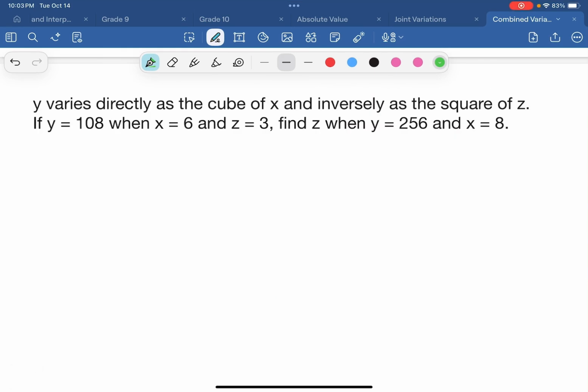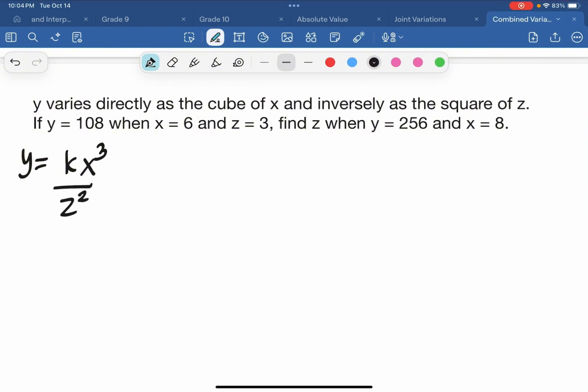Now let's have our last example before we go over to word problems. Now, y varies directly as the cube of x. So y equals k x cubed, and inversely as the square of z, over z squared.